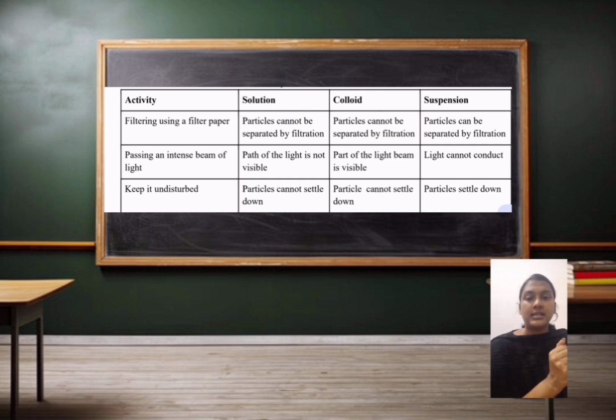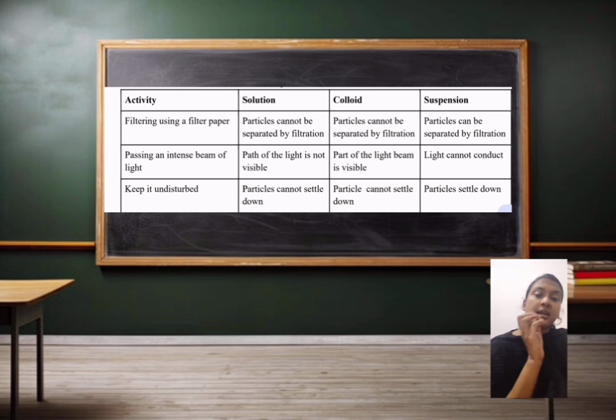Now we consider suspension. Chalk solution is an example of a suspension. When we consider chalk solution, the particles can be separated through a filter paper. Also, when we show a beam of light through that solution, the path of the beam can be seen.